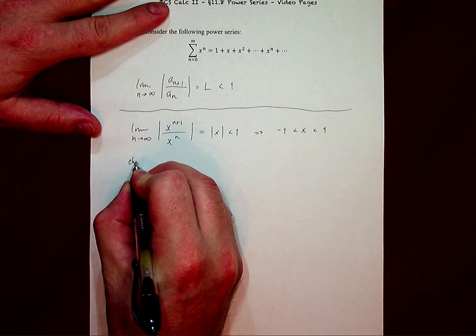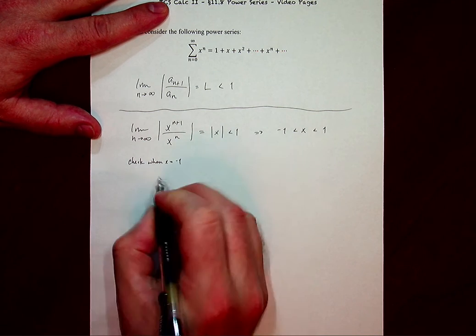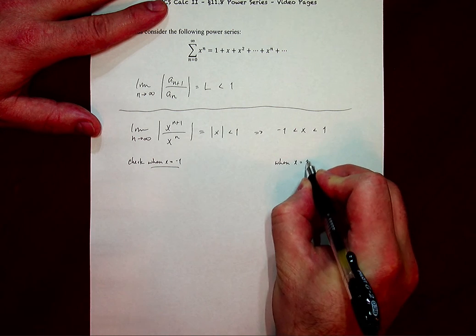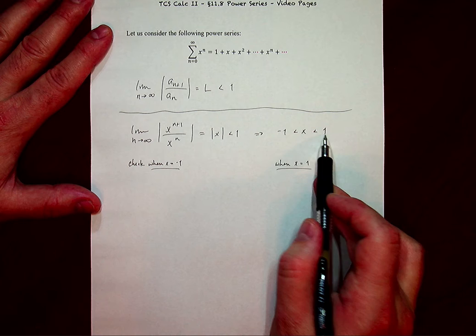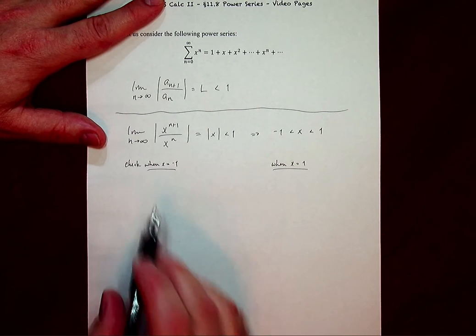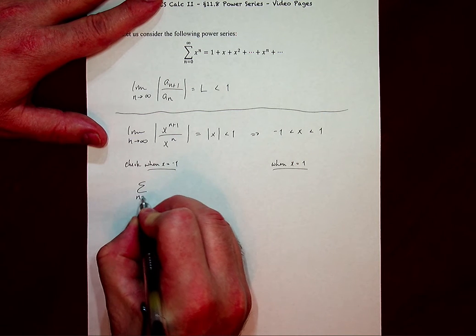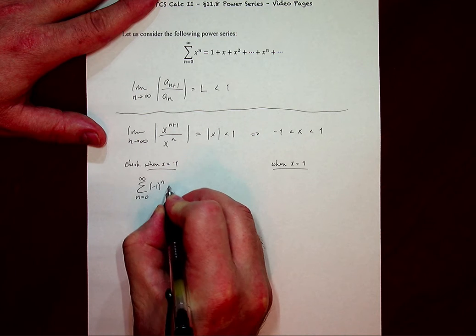So we need to check when x is equal to negative 1, and then when x is equal to 1, and that will give us a greater idea exactly what the interval is, whether the interval includes these endpoints or whether it doesn't. So we take negative 1 and go back up to the original, and it's the sum from n equals 0 to infinity of not x to the n, but negative 1 to the n.